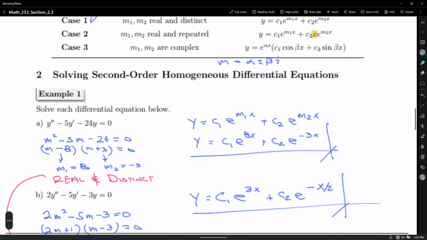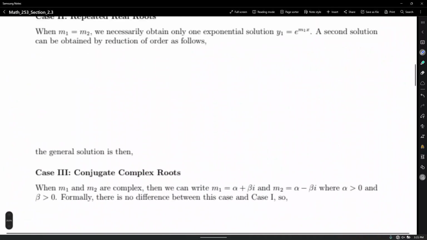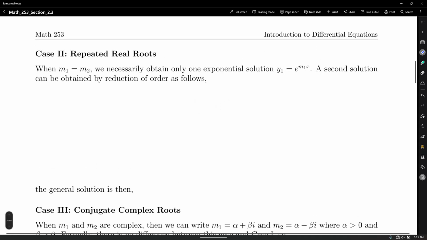Okay, let's go back to the previous page. That's actually the page we left blank. All right, so let's analyze case 2. Repeated real solutions. So consider the equation a m squared plus b m plus c equals 0.